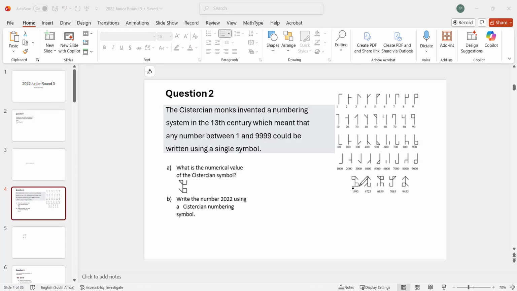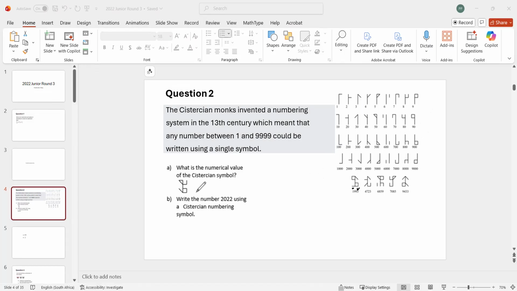So this is 1,000 and this is 900. You read it from the bottom left upwards: 1,000, 900, and then you go to the left on this side, and you'll see this is the 90. And this one here is the 3, 93.